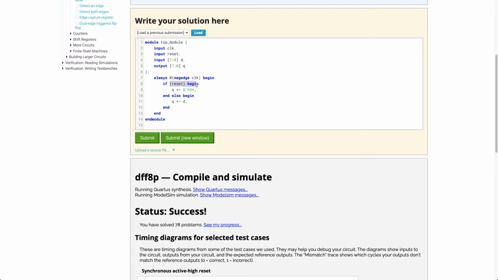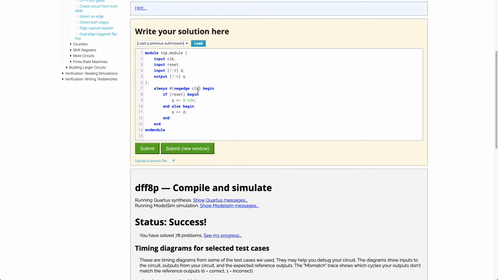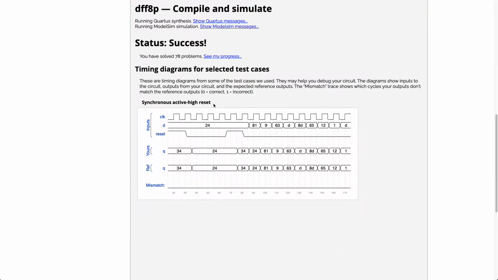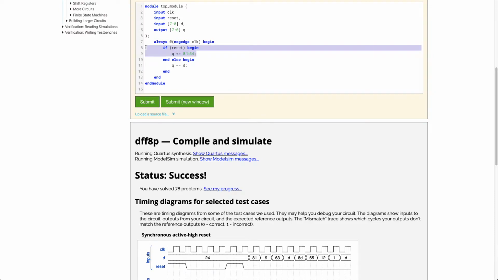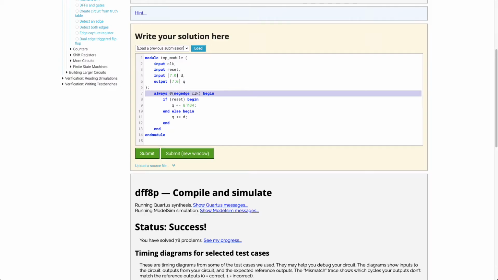This feels asynchronous to me. Or maybe the thing I was doing was asynchronous, because the posedge reset can come at any time. So I'm triggering this without respect to a clock, but here I have to do it with respect to a clock.